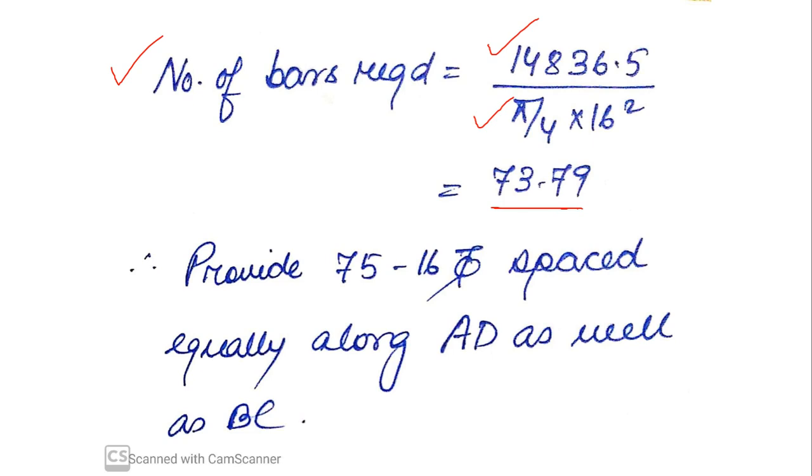So I provide 75 numbers of 16 mm bars which are spaced equally along AD. Now this arrangement can also be adopted for the side BC as well. Hence I have written that provide 75 16 mm bars spaced equally along AD as well as along BC.